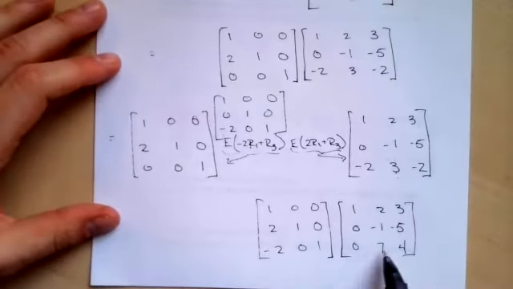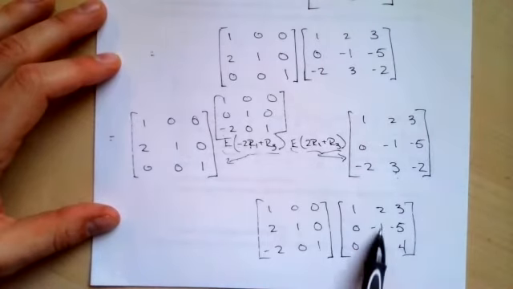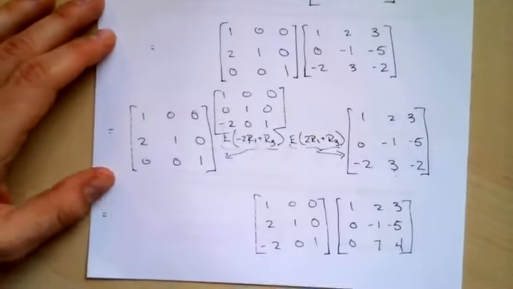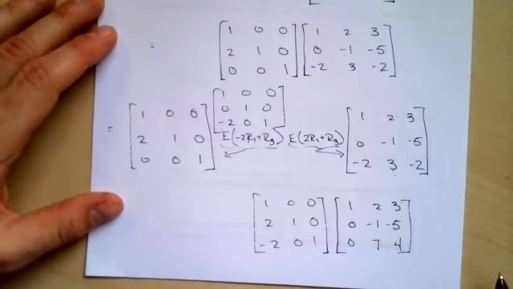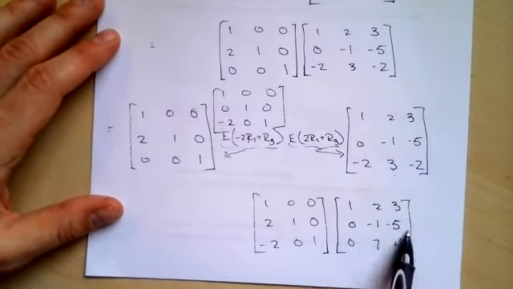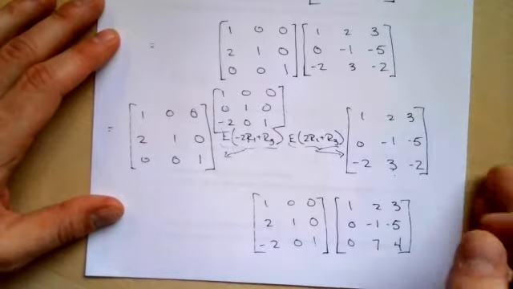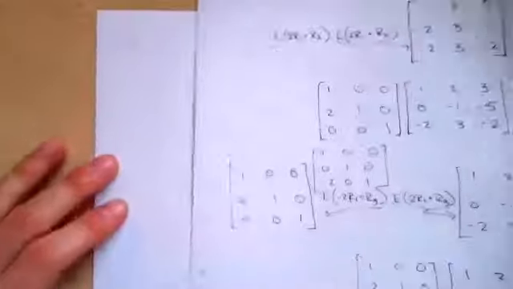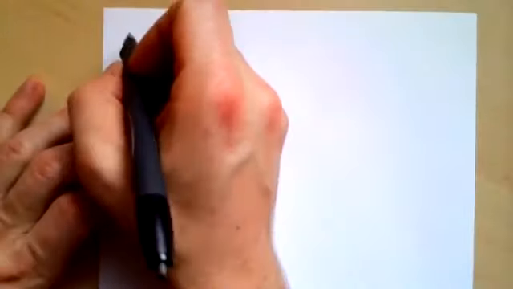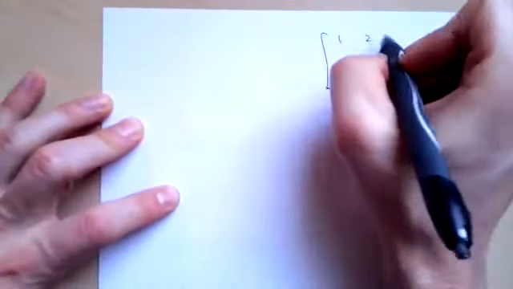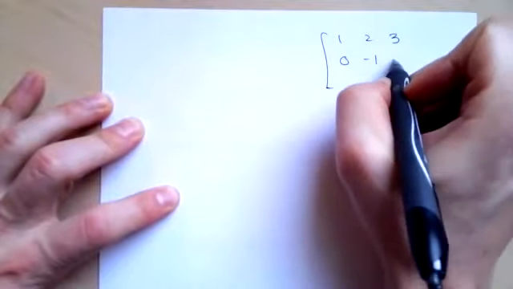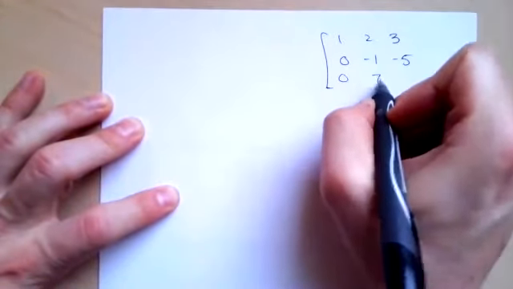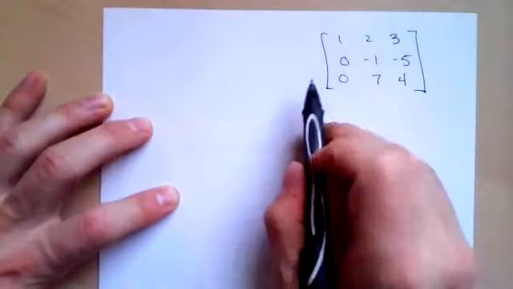Okay, and then so our last step, we need to get rid of the 7 here. So the easiest way might be to multiply a multiple of row 2 to get that 7. So we've got 1, 2, 3, 0, minus 1, minus 5, 0, 7, and 4. What do we want to do?